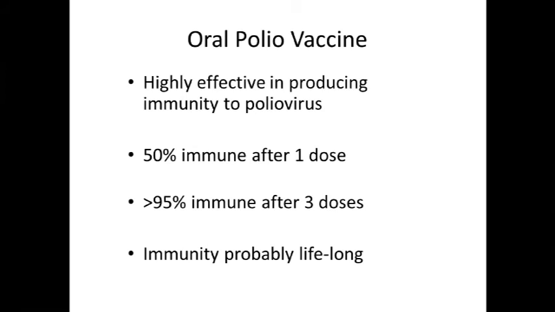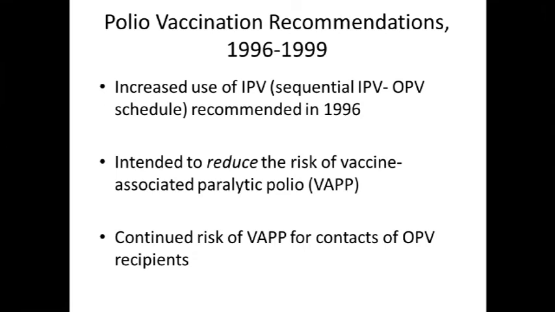But the problem with inactivated polio vaccine is that it is administered by an intramuscular route. There is no way by which there is any contact with the gastrointestinal tract. Since the vaccine virus is killed, there is no question of the vaccine replicating within the body of the immunized person.